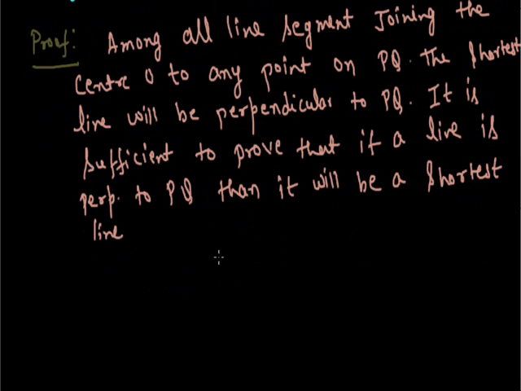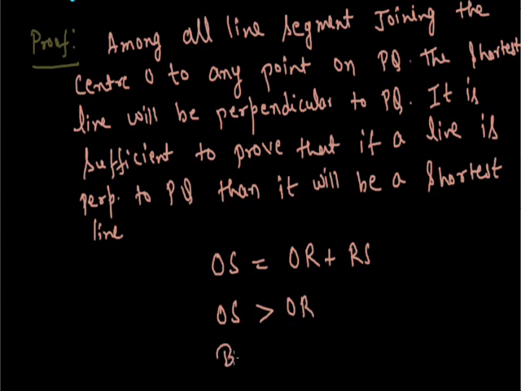Now OS, we can write OS is equal to OR plus RS. It means OS must be greater than OR, but OR is equal to OA, both radius.